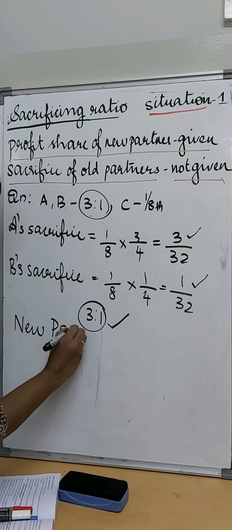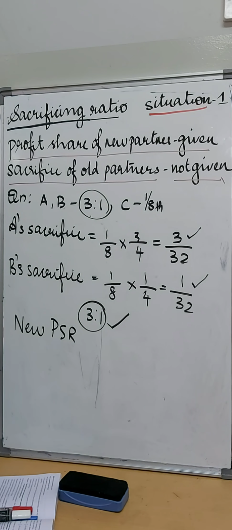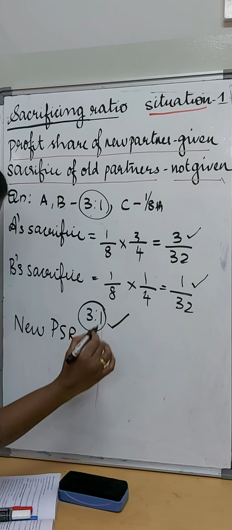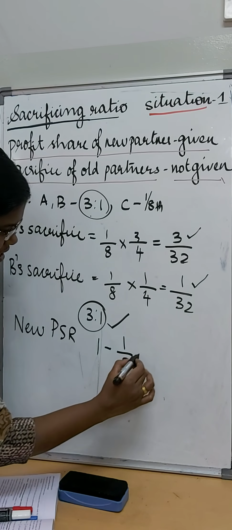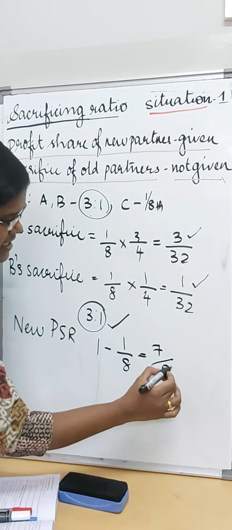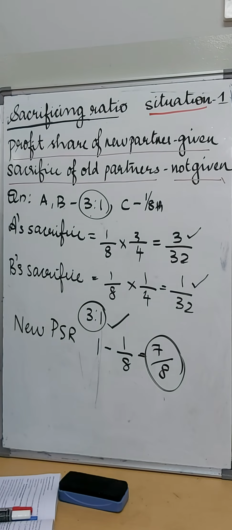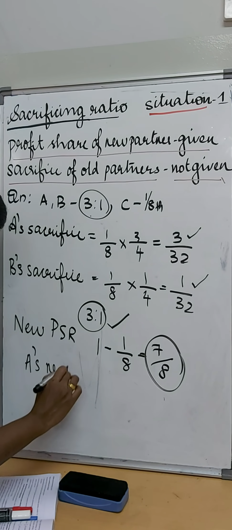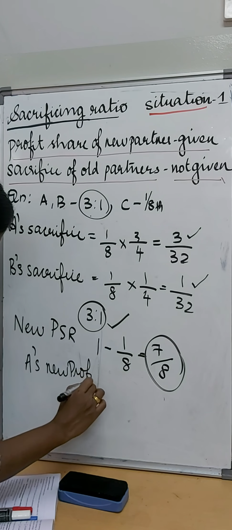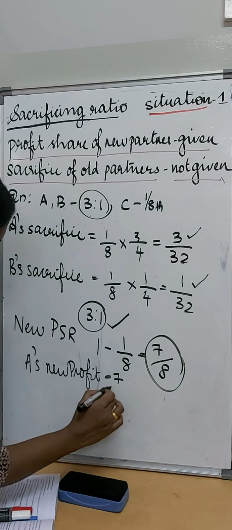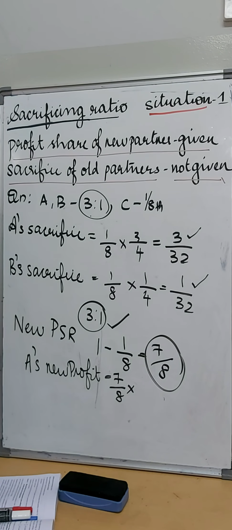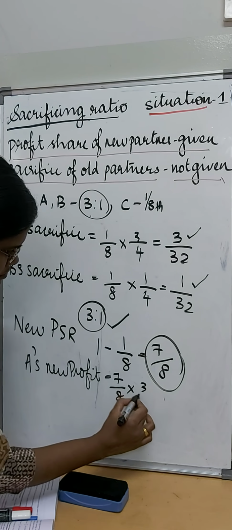New profit sharing ratio. Now C is admitted for 1/8 share of profit. So first you should assume the total profit as 1. 1 minus 1/8 comes to 7/8, and this 7/8 should be distributed between A and B in their old profit sharing ratio. So A's new profit will be 7/8 into 3/4.